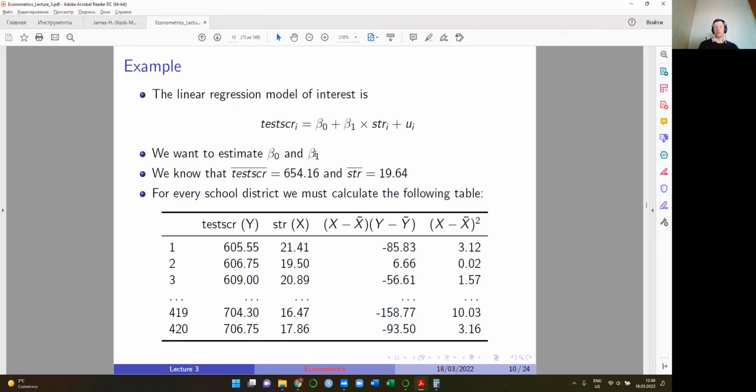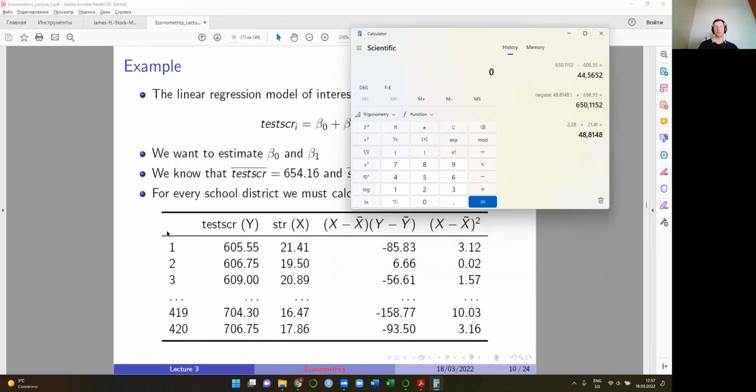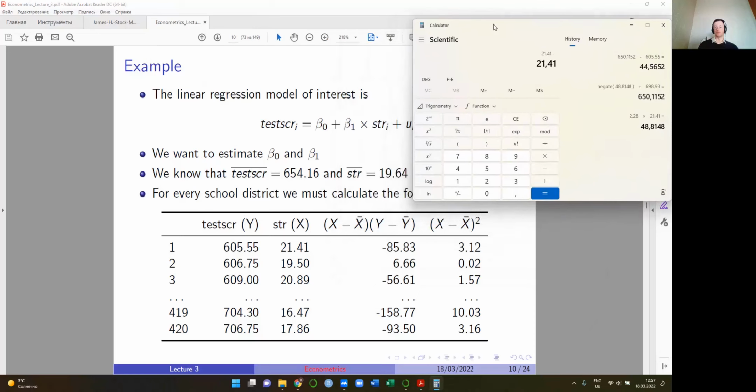It's kind of simple, right? Once we have this average, let me demonstrate for one particular district. For example, for the first one, we take x, 2141, minus average. Average is 1964. And then we square this, and that's where we get this number.